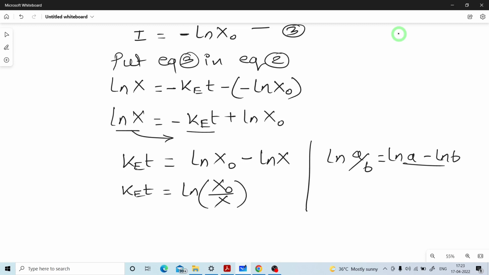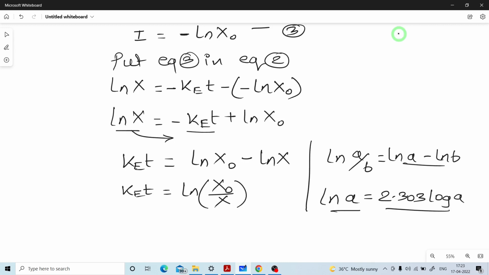The next step will be to convert the natural logarithm into log to the base 10. Whenever we convert natural log to the base 10, the formula we have to remember is that natural log of a is equal to 2.303 into log of a.